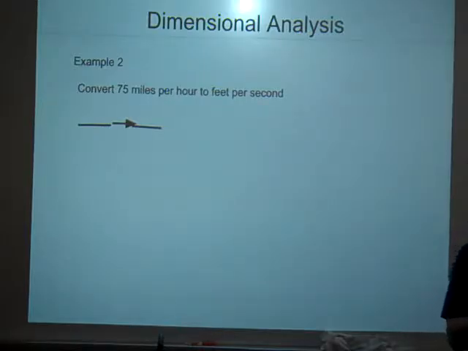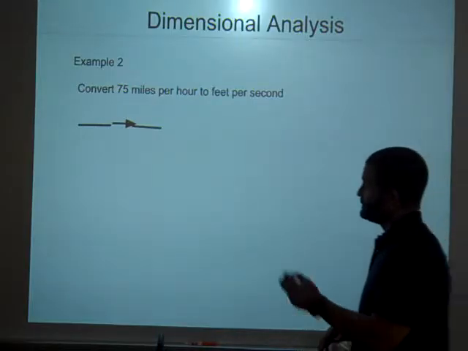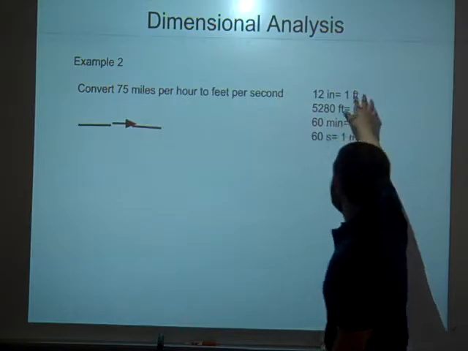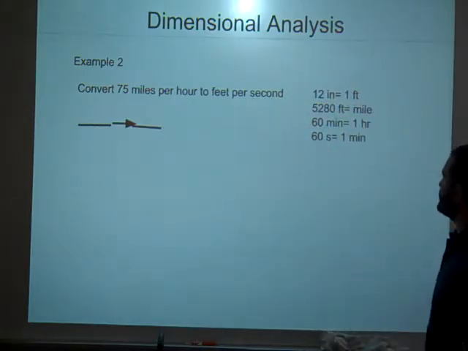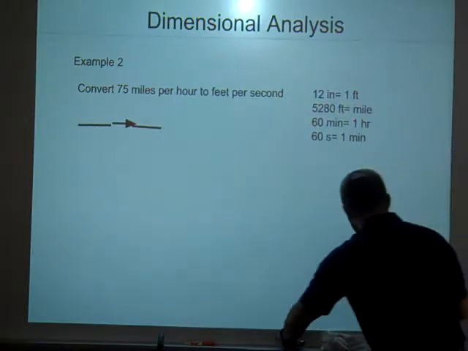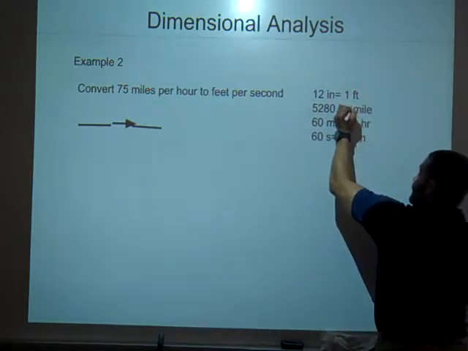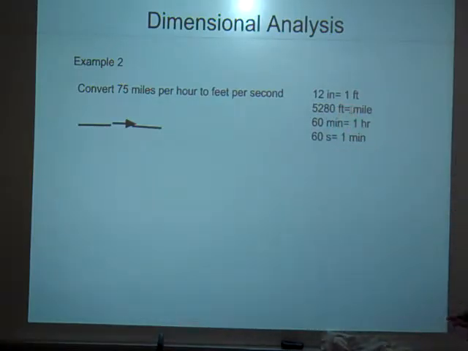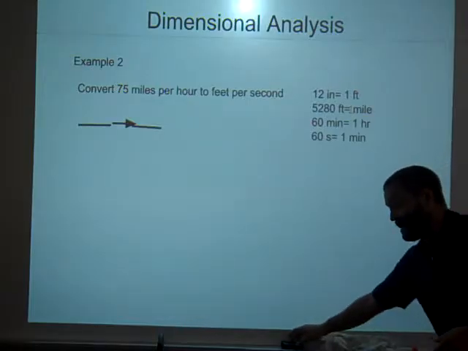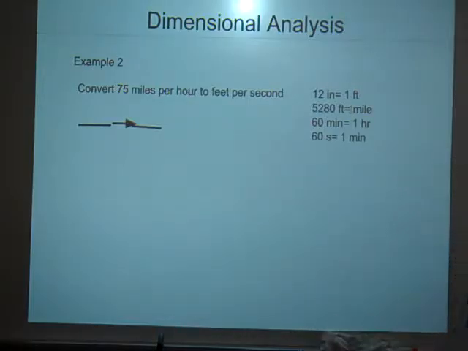You guys are going to work some practice problems here. And what I would recommend is to do this. These are some conversion factors. Man, I still forgot that. This should be a 1 here, right? There's 5,280 feet in 1 mile. All right? In 1 mile. Because you guys are the mile high city, right?